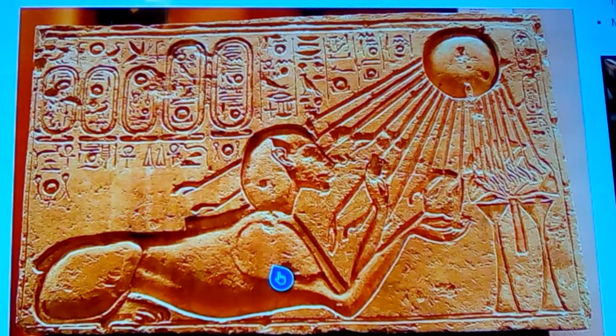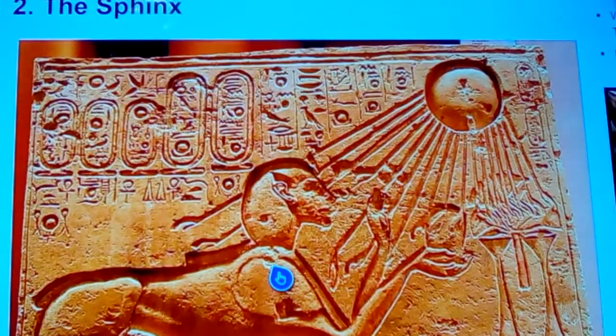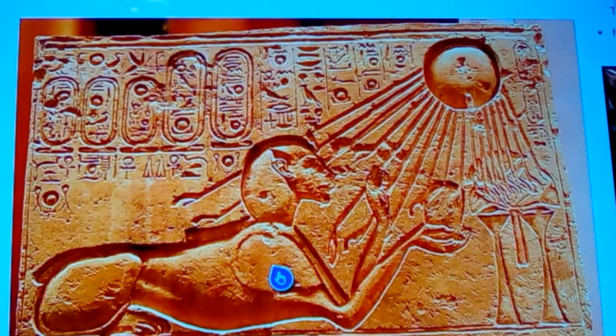But again, this is also a reverse concept of animal body, human head, versus the common thing we usually see, where it's a human with a bird head or an alligator head. And so when we're looking at these loops up here, one thing to note is that whenever you see all this writing here, it's known as a cartouche.